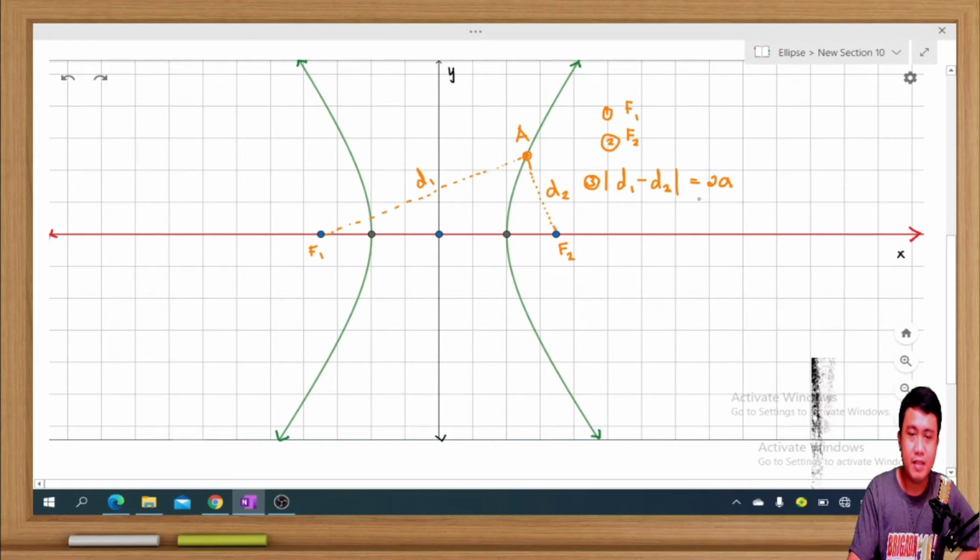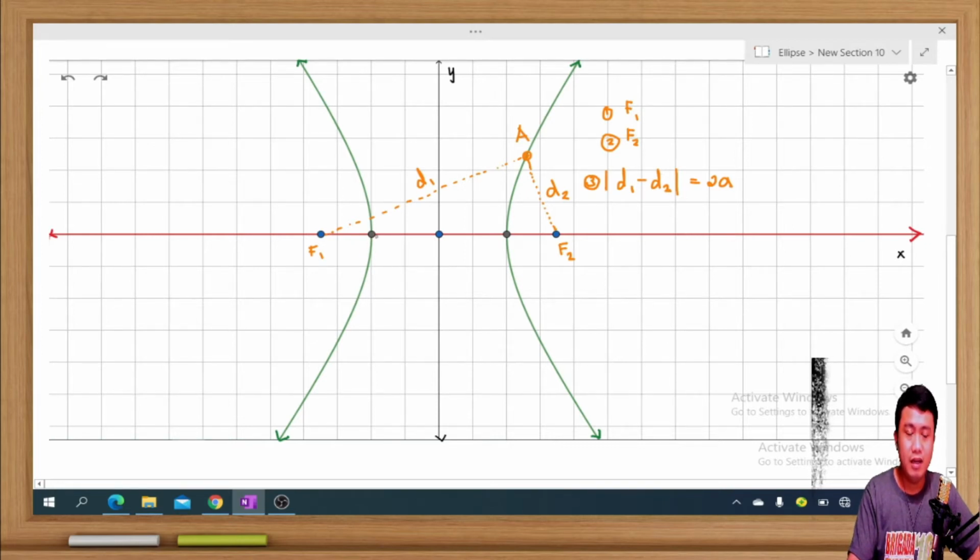Dito naman po sa ating hyperbola, ang 2a natin ay yung length ng tinatawag nating transverse axis. Kung sa ellipse, meron tayong major axis, sa hyperbola naman, meron tayong transverse axis. At nasaan po yun?